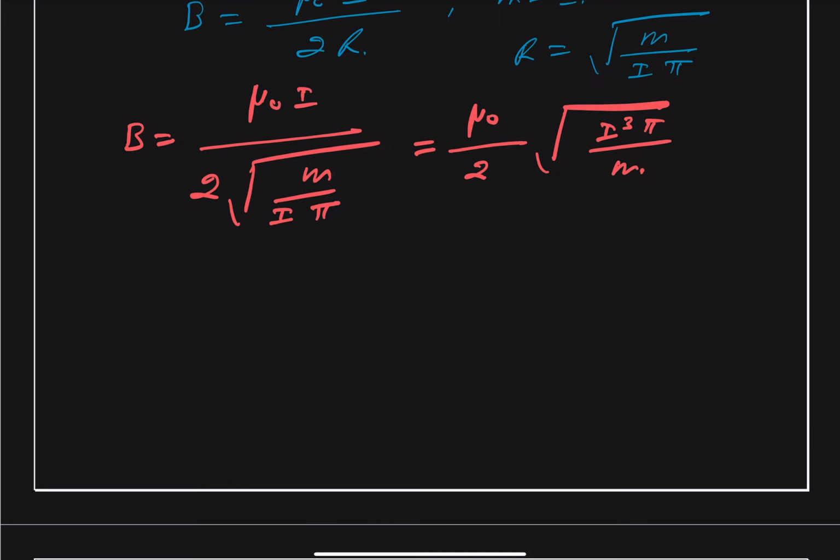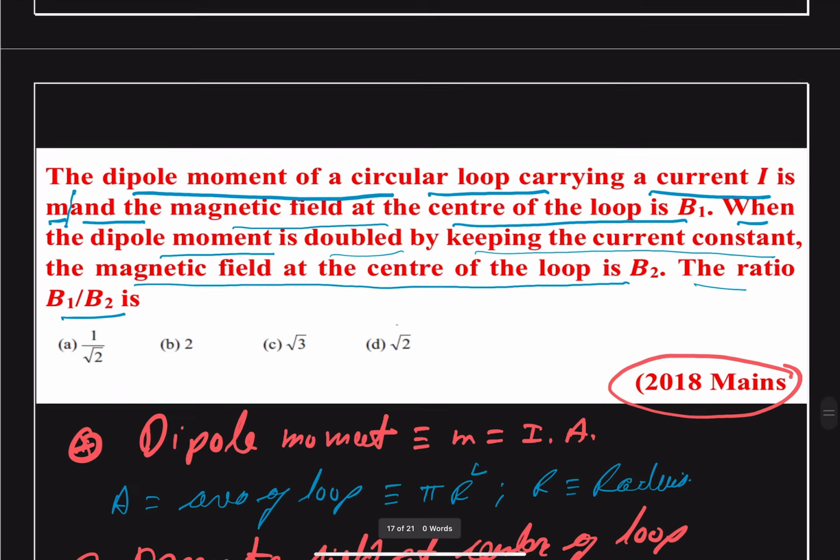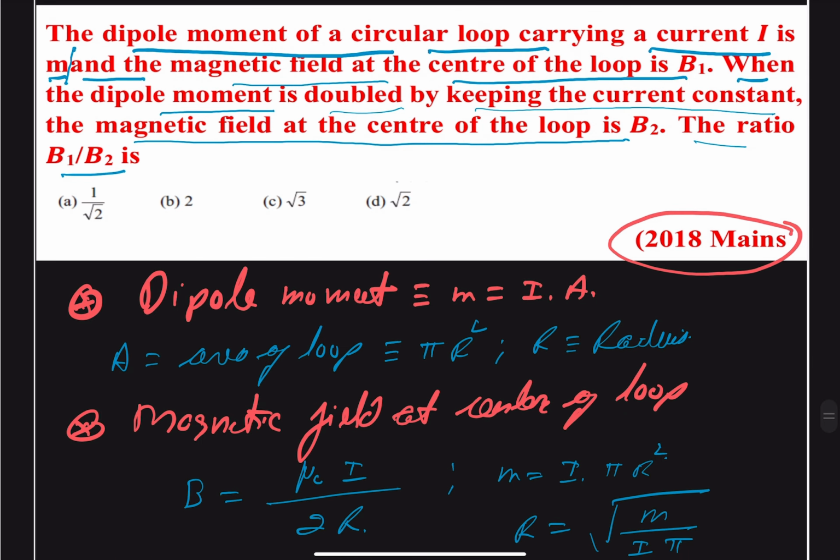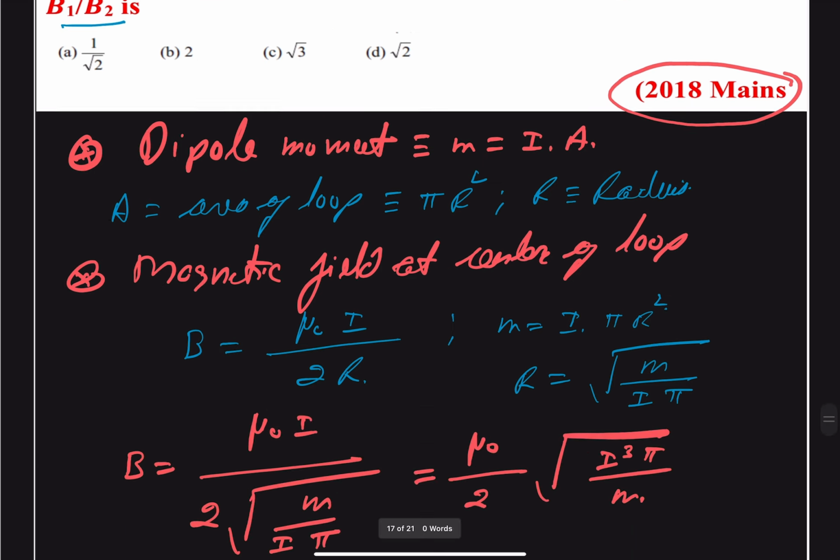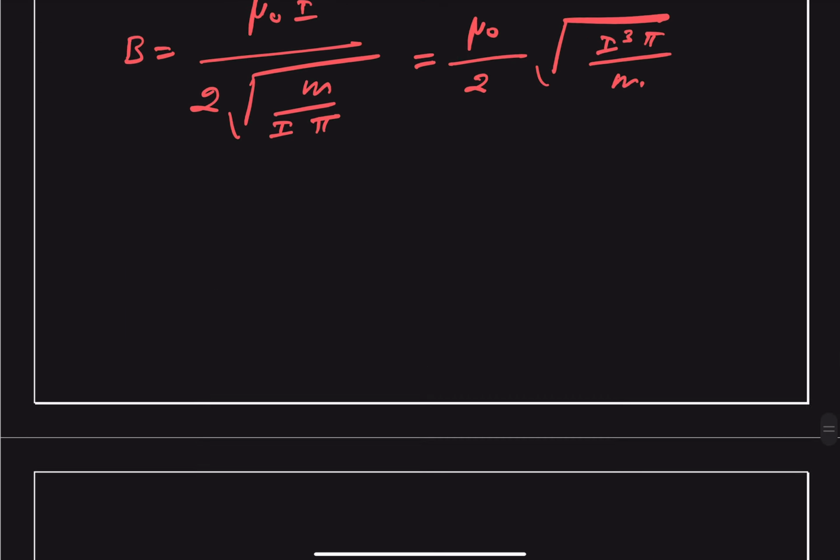And it says that our current is constant. Keeping current constant, and dipole moment is doubled. So from here we can say that our magnetic field is proportional to square root of m, and we can write it for two parts.